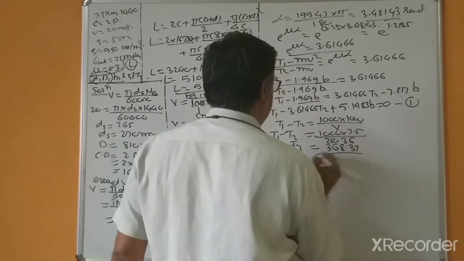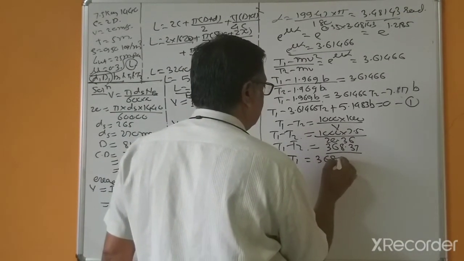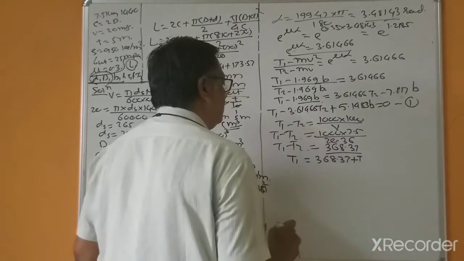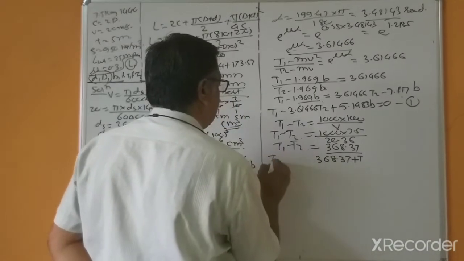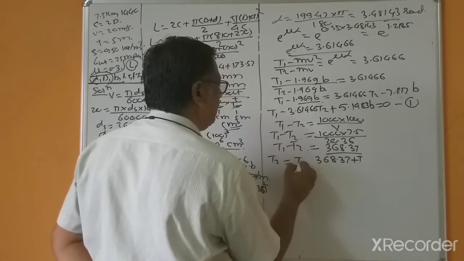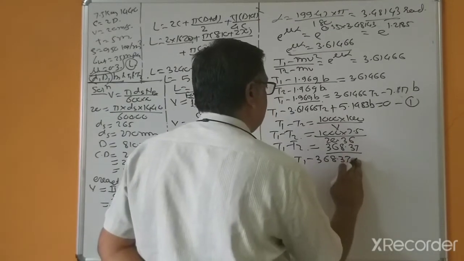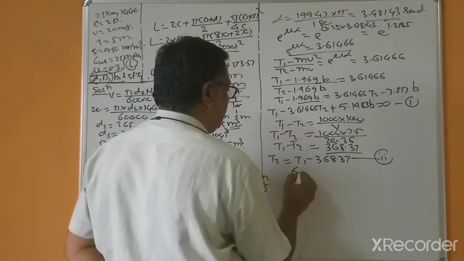This is T1 equal to, this is T2 equal to T1 minus. This is second equation.